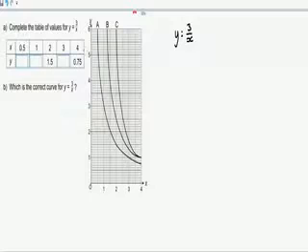So we're just going to substitute these values into the x. So if x is 3, then that will be 3 over 3. Now anything over itself is 1. So our value in here is just 1.